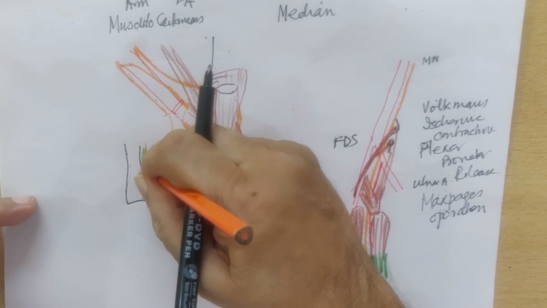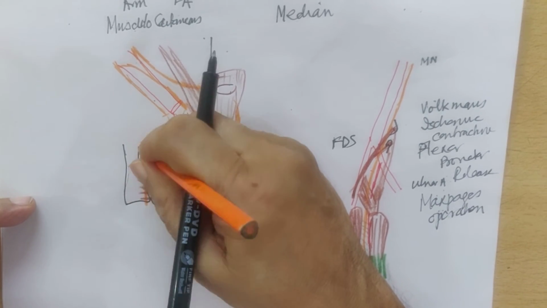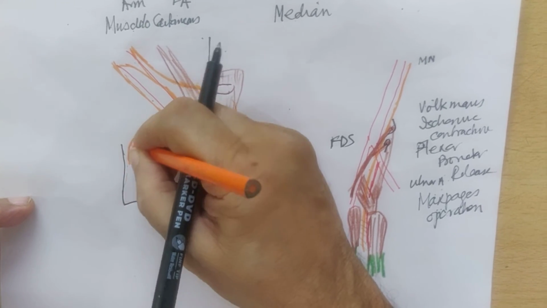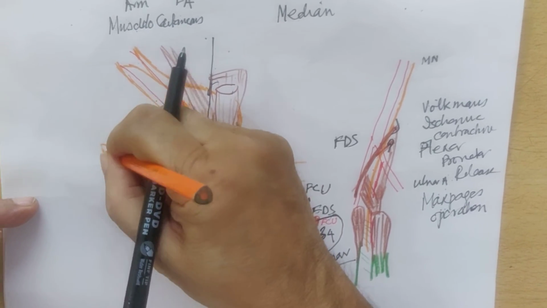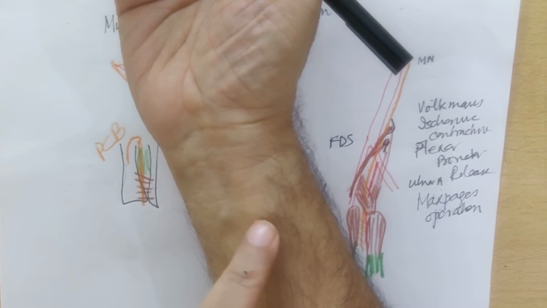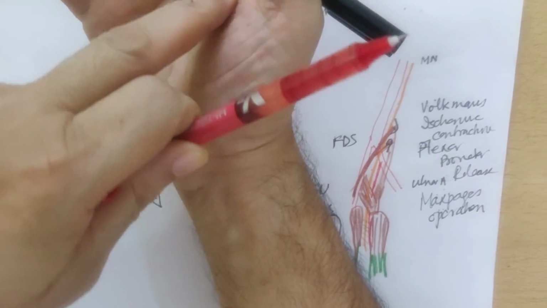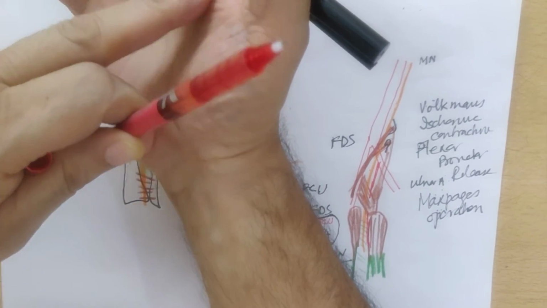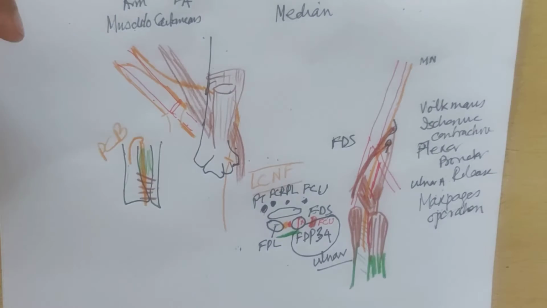It passes above the pronator quadratus, and 5 centimeters above the wrist it gives a palmar carpal branch which goes and supplies the skin of the palmar surface of the hand.